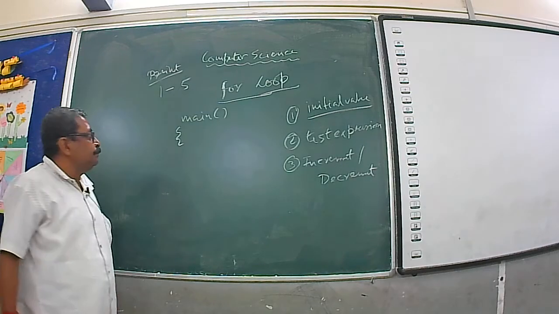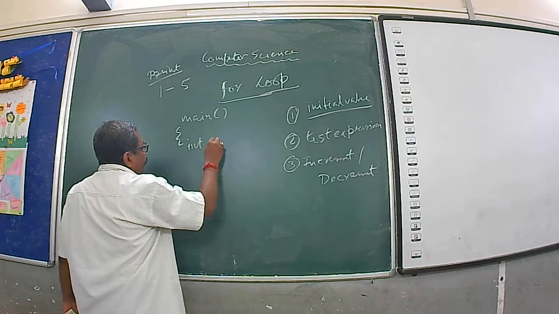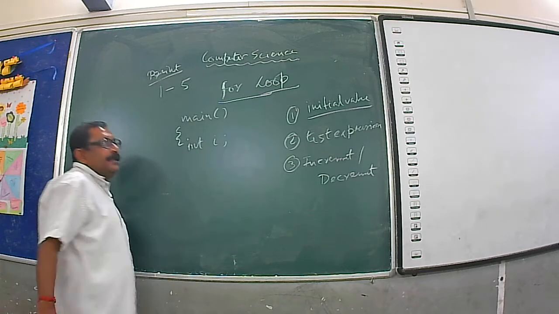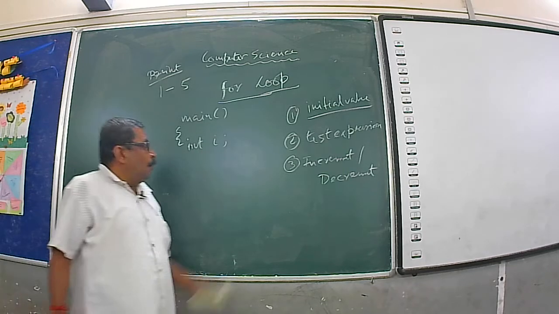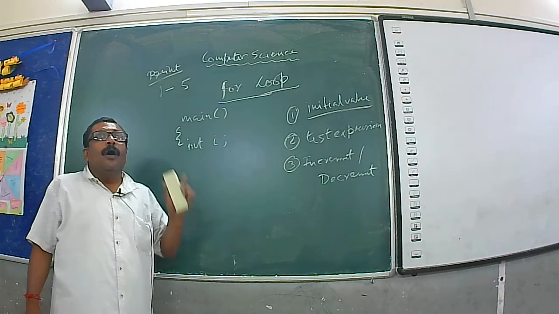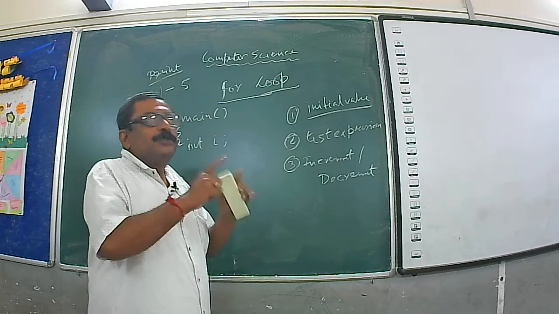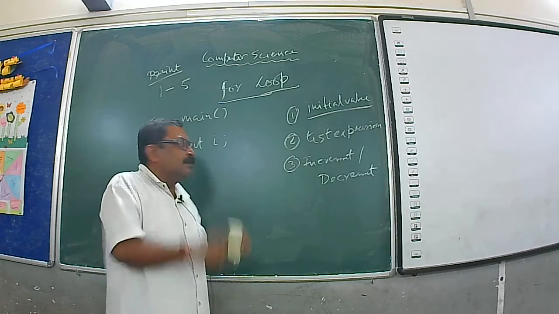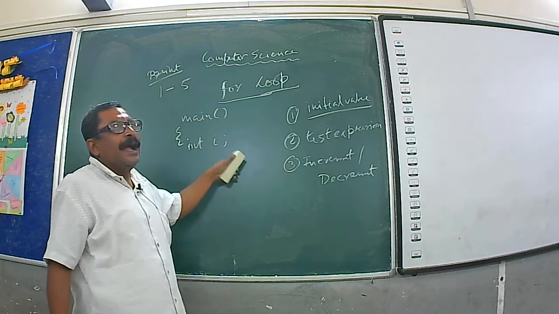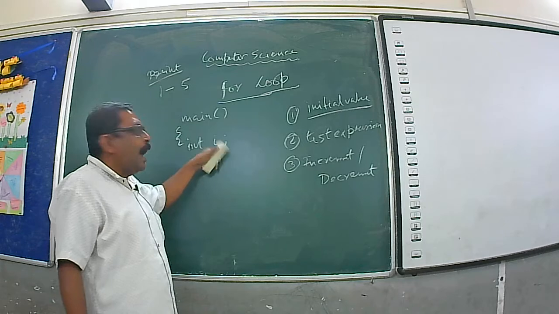Main function. int, because when we are working with the loop, then a value should be starting value, that should be incremented. So one value is required. So that is the int. What type of data? Integer type of data. What is the name of the variable? i.